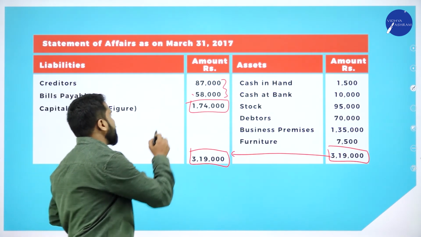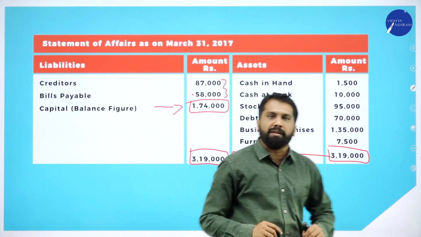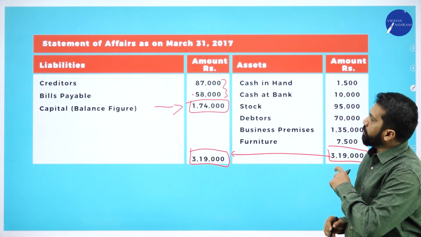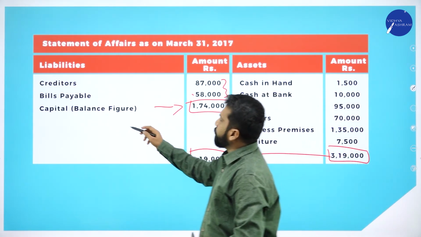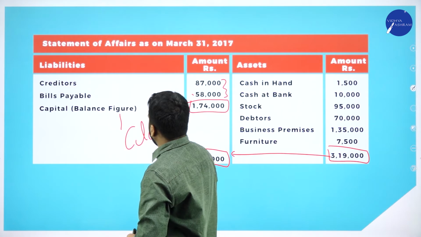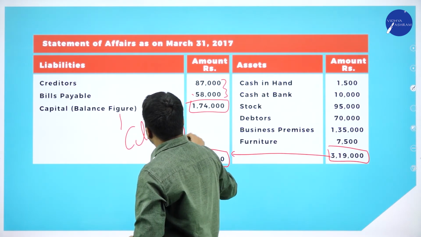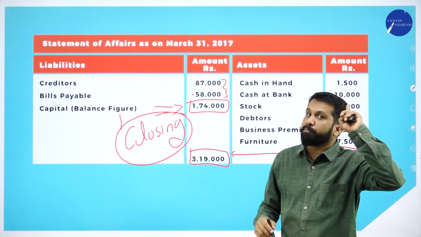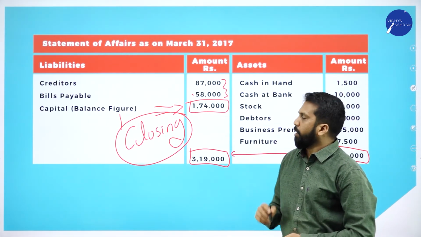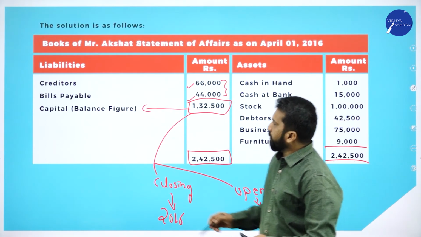Now, your capital is 1,74,000. This will be your closing capital for the profit and loss account. Now, I'll go back to the previous one.